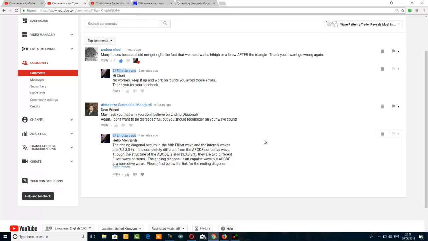It is completely different from the ABCDE corrective wave, though the structure of the ABCDE is also three. They are two different Elliott wave patterns. The ending diagonal is an impulse wave, but the ABCDE is a corrective wave. Please find below the link for the ending diagonal.